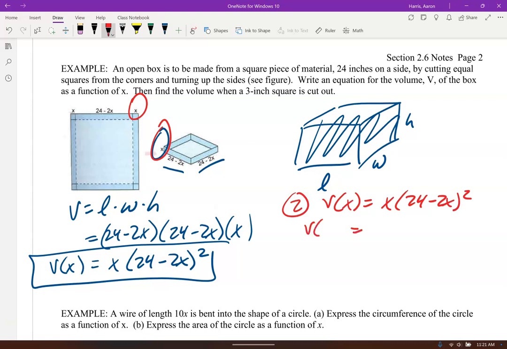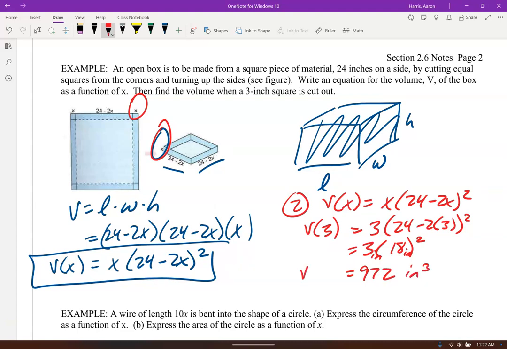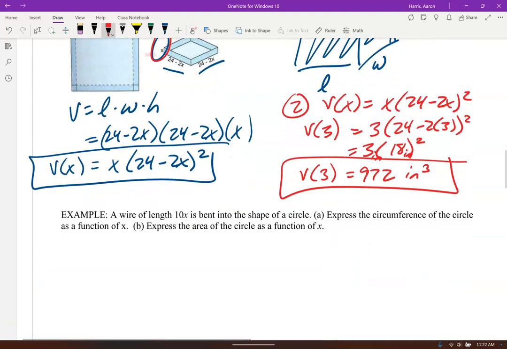So we got volume, if I cut out 3 inches, let's see, 18 squared times 3, and by the way, this is inches squared times another inches. I get 972 cubic inches is the volume. Cubic inches, right? In other words, inches times inches times inches, cubic inches.